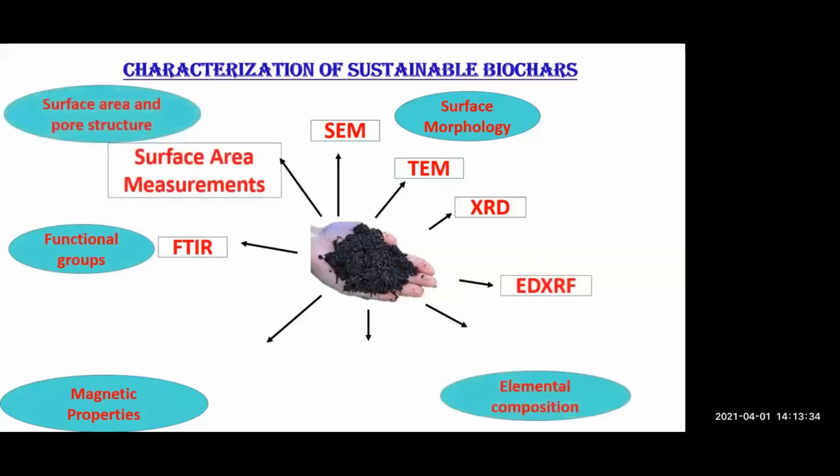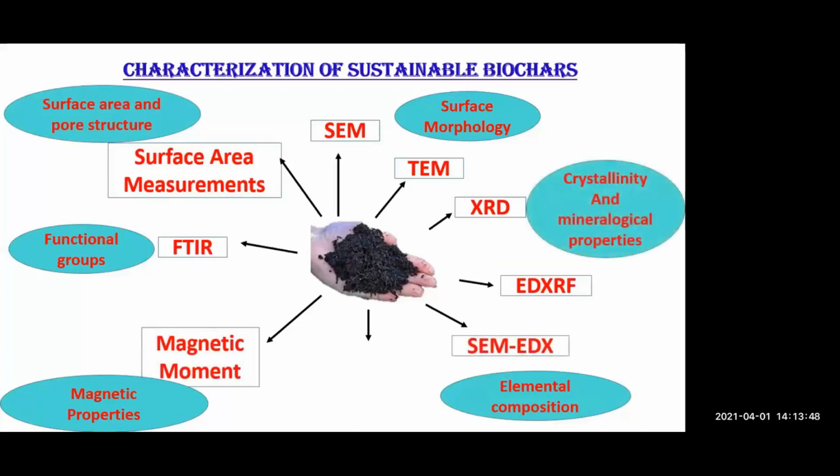Elemental composition and BET surface area measurement will determine and evaluate the surface area and pore structure. The magnetic moment of the magnetic biochars has been evaluated. XRD is used for mineralogical properties, and elemental composition is determined using CHNS, XRF, and ICP for bulk element composition and SEM-EDX for the surface element composition of the biochar.